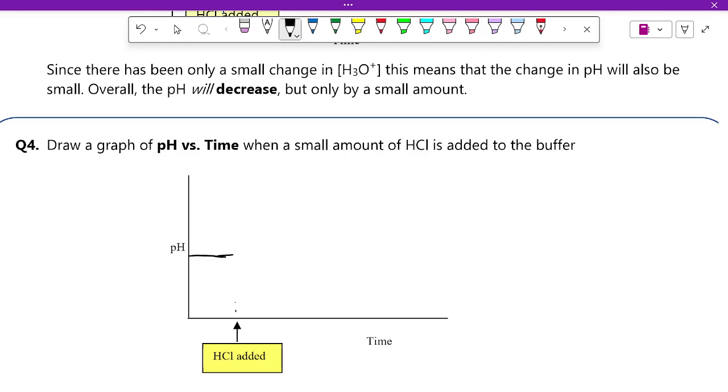Yes. How much did it raise the hydronium concentration? A lot. How much going to be? A lot.